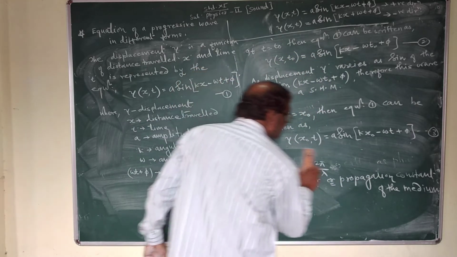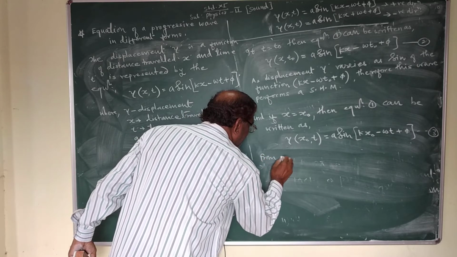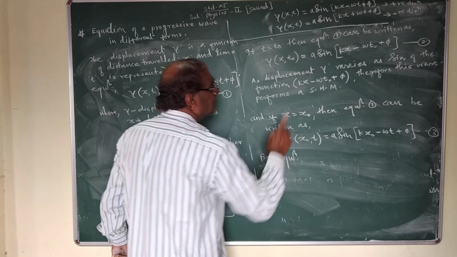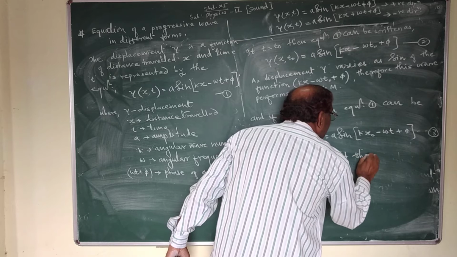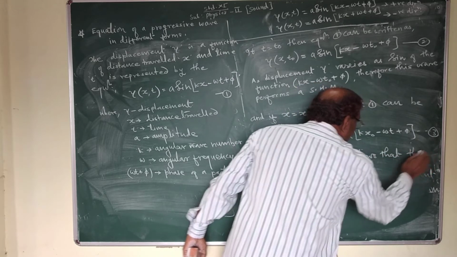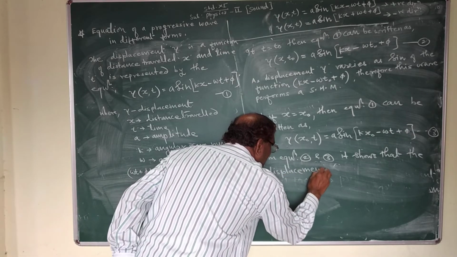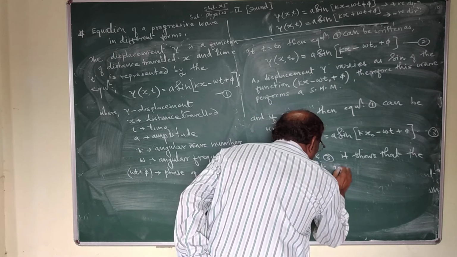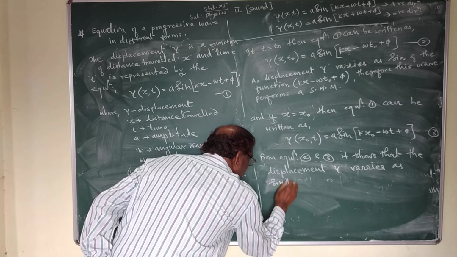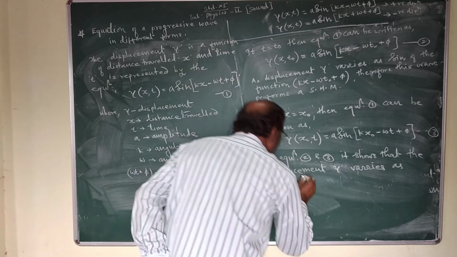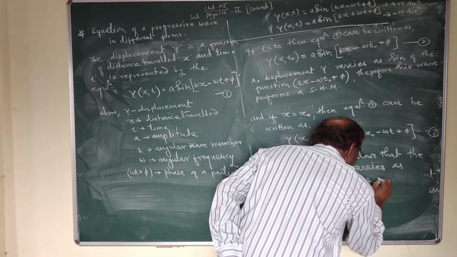Therefore, from equations 2 and 3, it shows that the displacement y varies as sine of the functions of x and t.